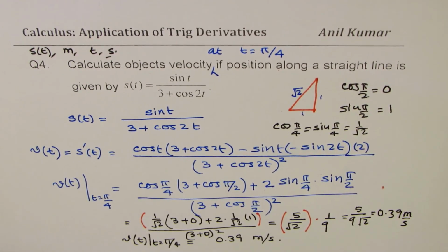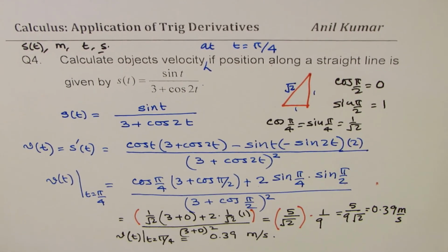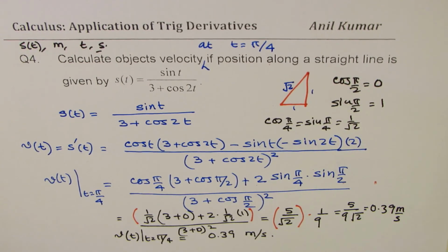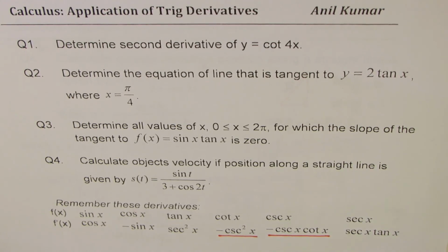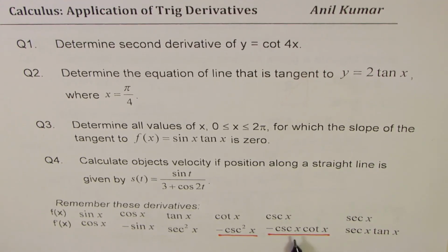That is the last question of this sequence. I hope you learned the method of solving such questions. The most important part here is to remember the derivatives of all the trigonometric functions, as it may waste a lot of your time if you start deriving them in the final exam, right? So back to our first sheet, remember these, it's very critical. Thanks for watching and all the best.